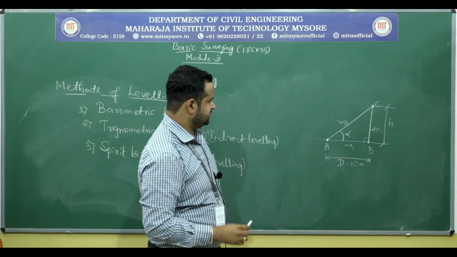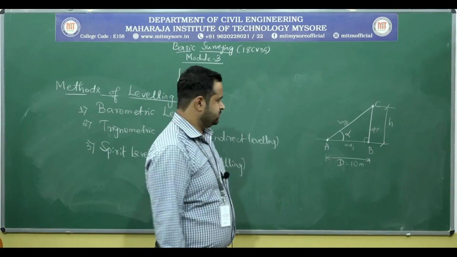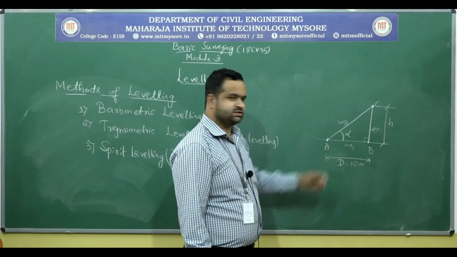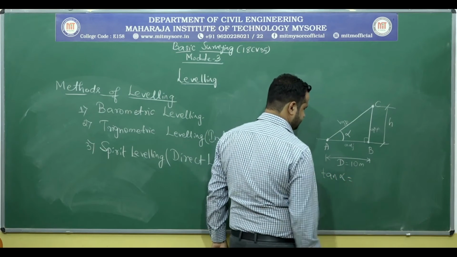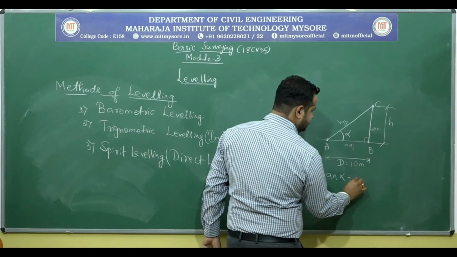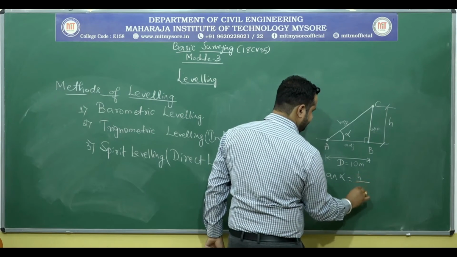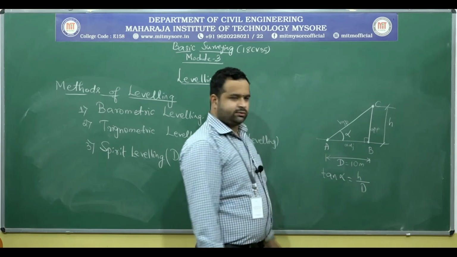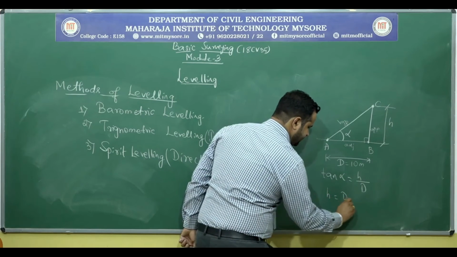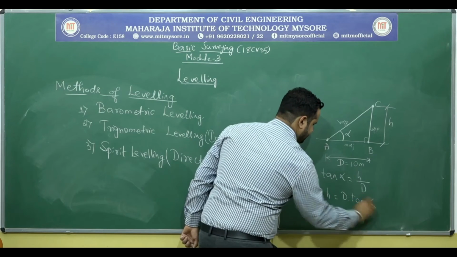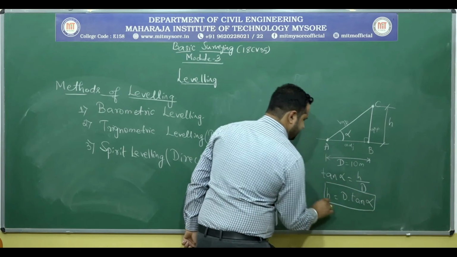So h is the opposite. We have opposite and adjacent, so we can make use of the tan function. Tan alpha is equal to opposite by adjacent, that is h by d. Now if I want h, I should write h is equal to d into tan alpha.